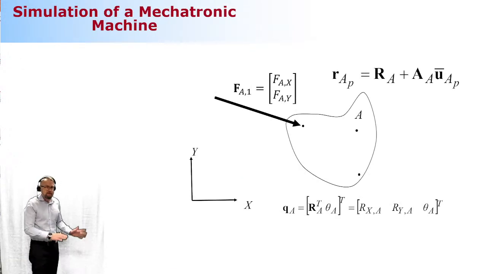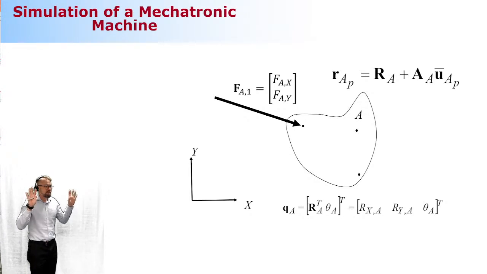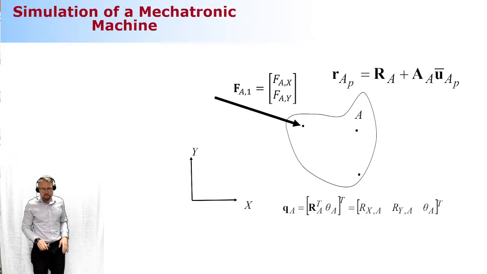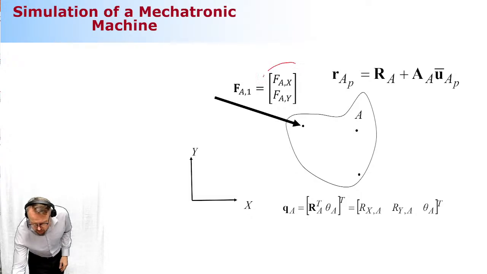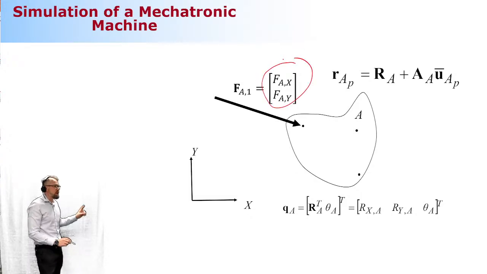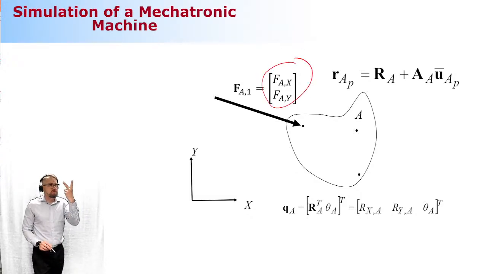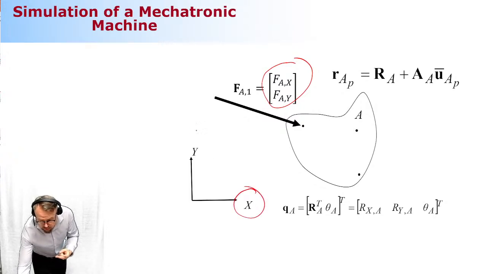Okay, again, let me emphasize the target, what we wanted to do here. So we wanted to express a force component, which here is expressed by using global coordinates. You see that the force vector here consists of two components. And these two components are with respect to our global coordinate system, x and y.